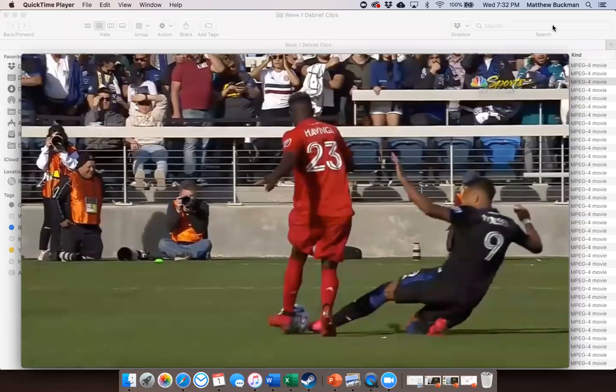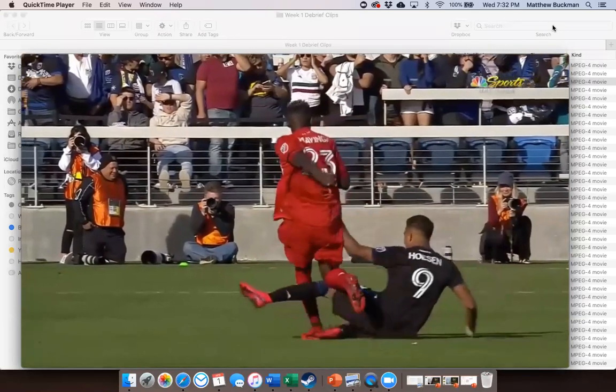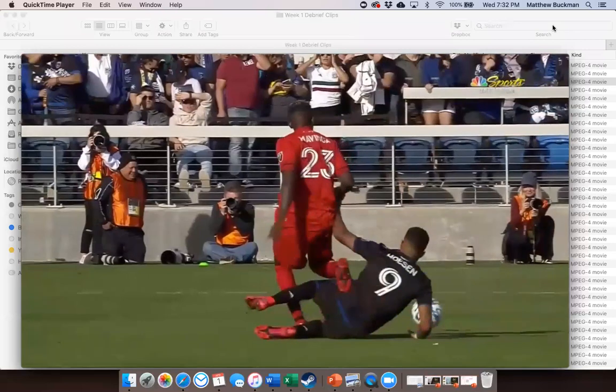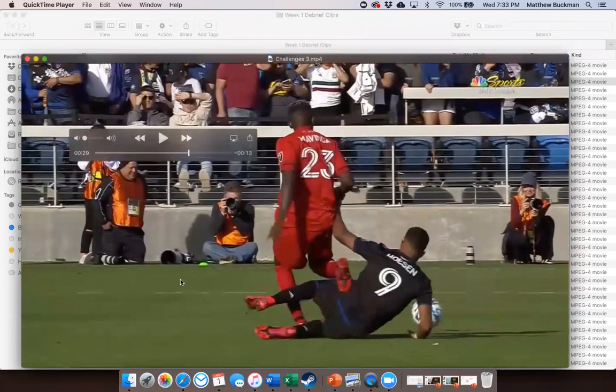But then after the challenge on the ball, we have a secondary challenge on the opponent because of the nature of the way this challenge was made. And if we consider this to be unfair contact, which we would, then what he does with the ball is irrelevant. So it actually says in the laws the equivalent of getting the ball first doesn't matter. If you commit unfair contact to your opponent, even after playing the ball, it is still a foul, and we would still consider this to be unfair contact.